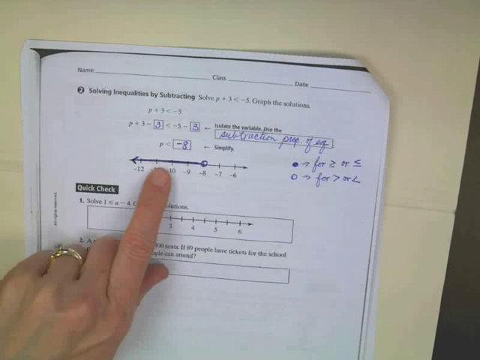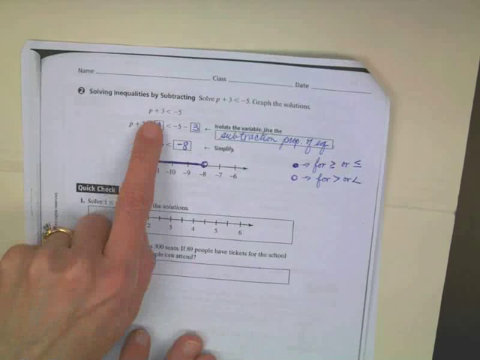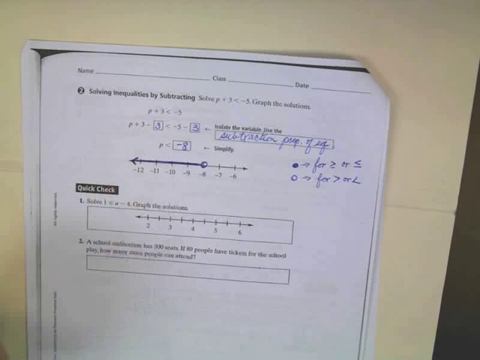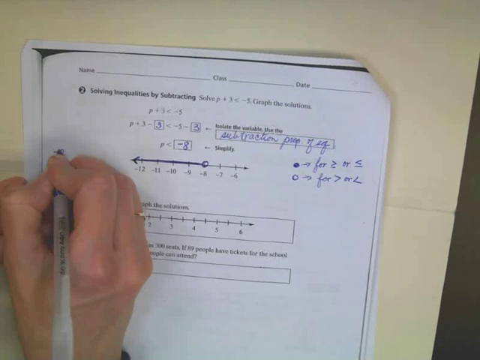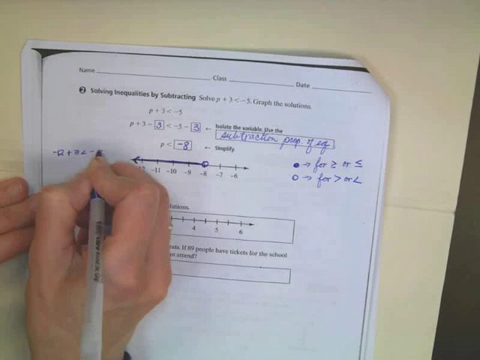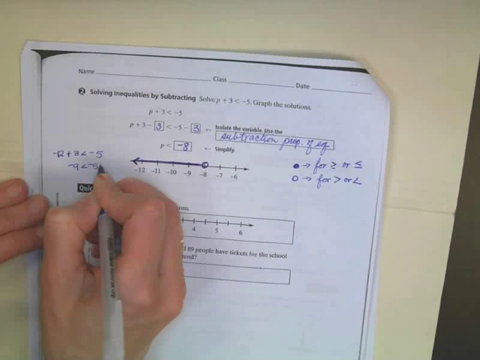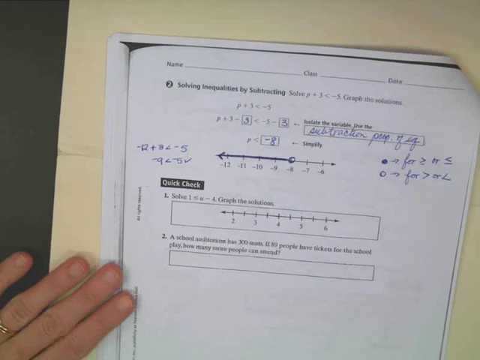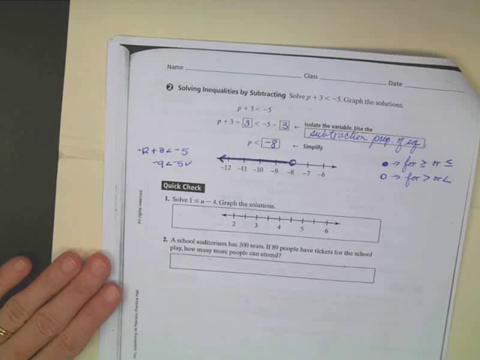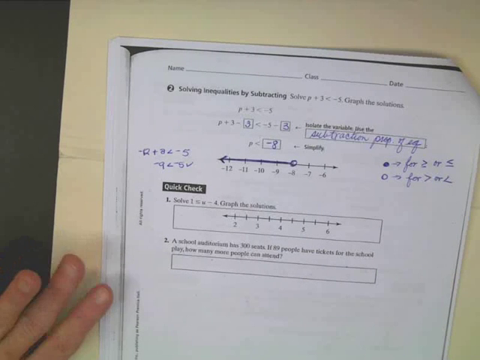If you needed to check one of these, pick any number in the shaded area, substitute it into the original inequality, and see if it's true. So let's take negative 12. Negative 12 plus 3 should be less than negative 5. Well, that gives me negative 9 is less than negative 5, so it checks. There is a little more complicated check that we can talk about as well, but that's one way to check.